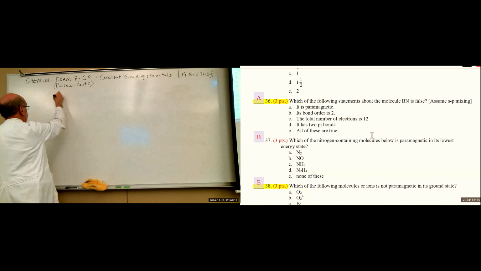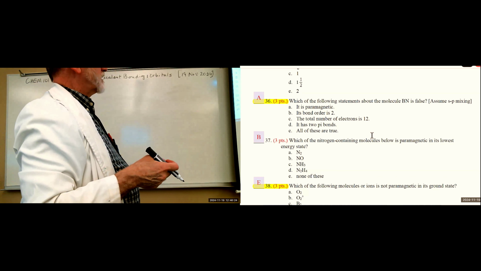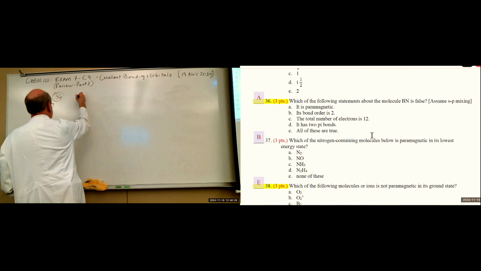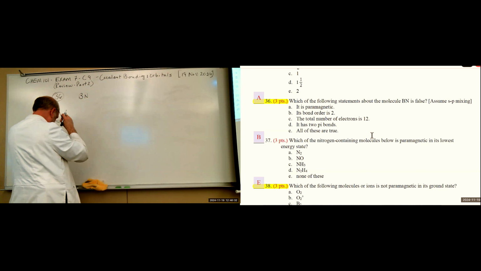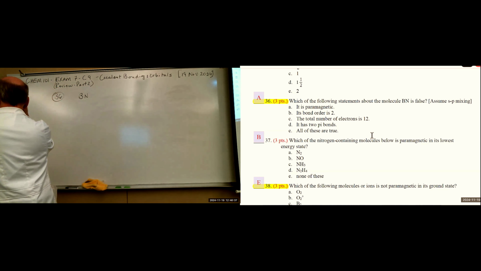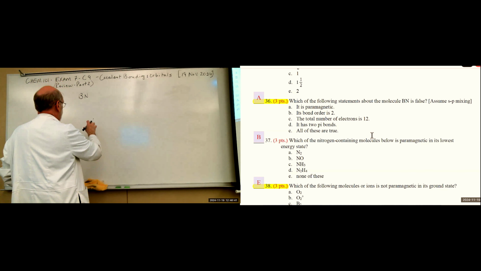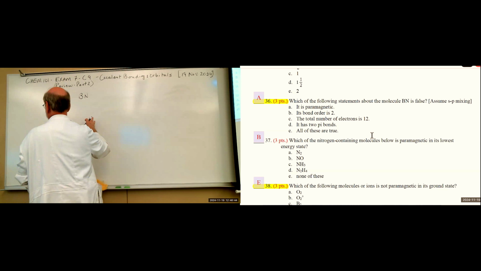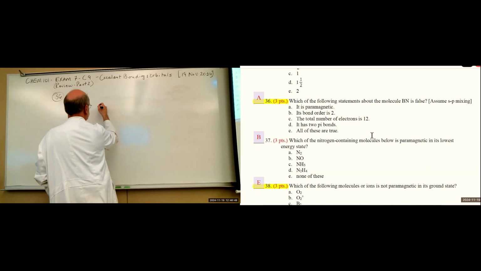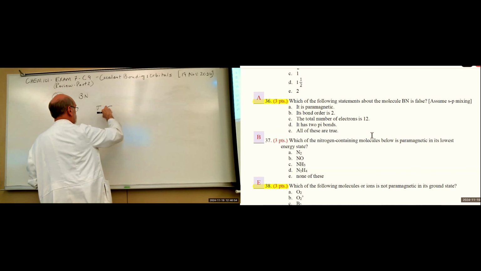36. Which of the following statements about the molecule BN is false? Assuming sp mixing. Okay, so for this molecule, if we have BN mixing, they're both in the second period. So we're working from no mixing, right? Oh, assume mixing. Okay, so we're going to have sigma, oops, wrong place.